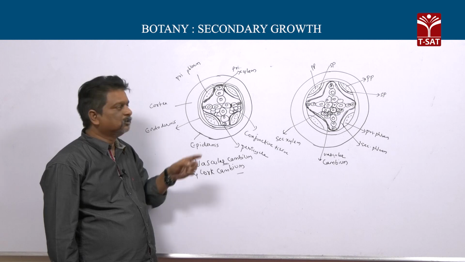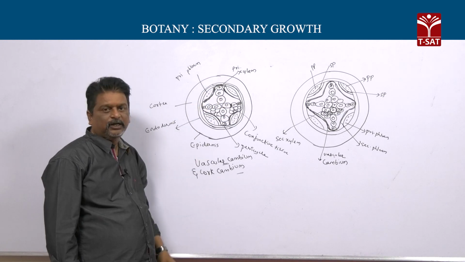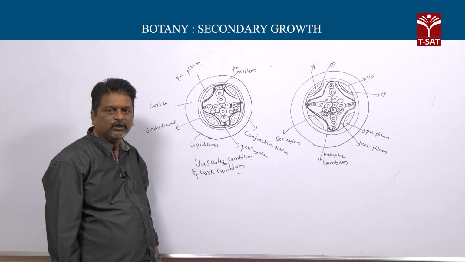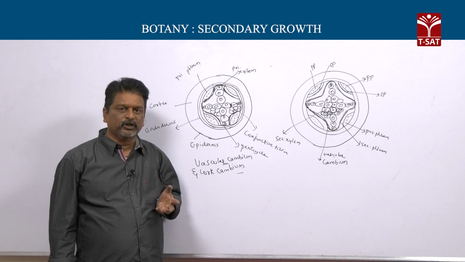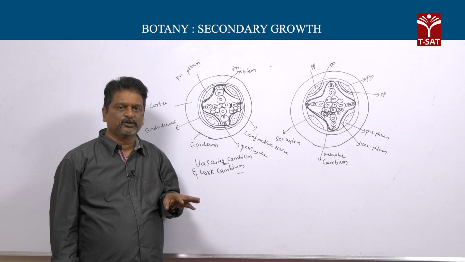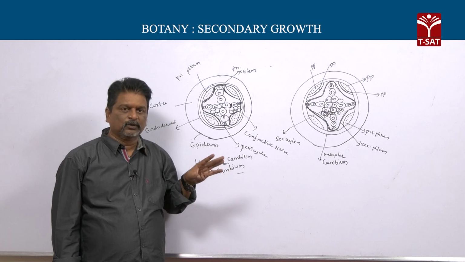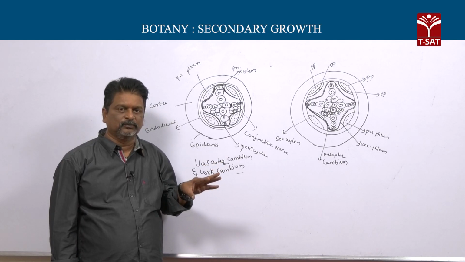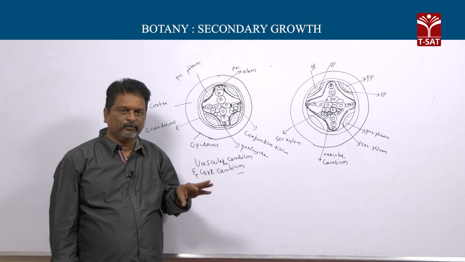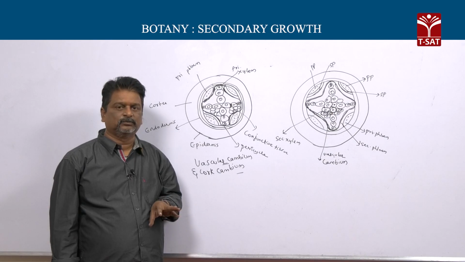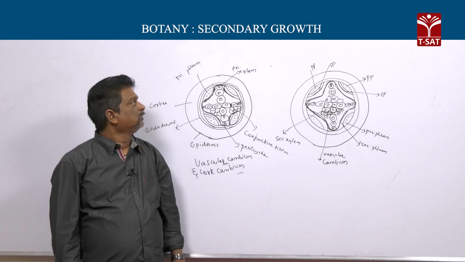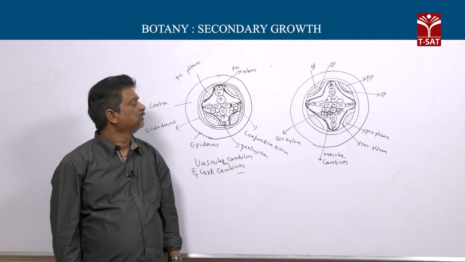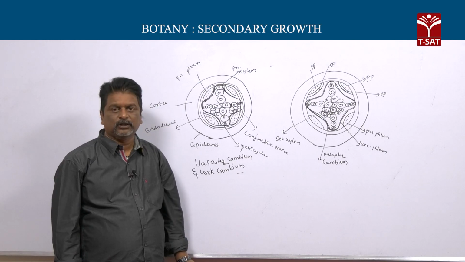So outer tissues like epidermis and its underlying outer cortical cells are destroyed, they are removed by a new protective layer. That new protective layer is called periderm. That periderm is formed from the cork cambium, giving cork and also secondary cortex. So it is intrastellar and extrastellar secondary growth in dicot root.